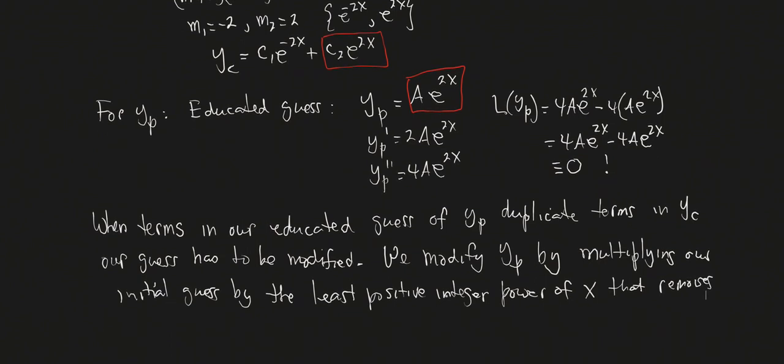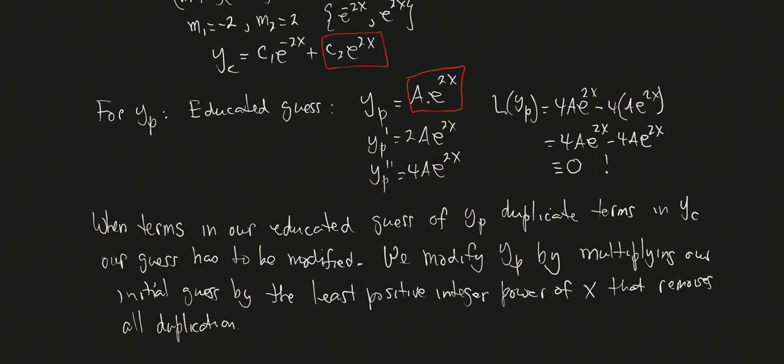So in other words, the first thing we're going to try is to multiply our guess by x. And if then none of the terms are duplicated, then that will work, and the rest of the process will play out as expected.